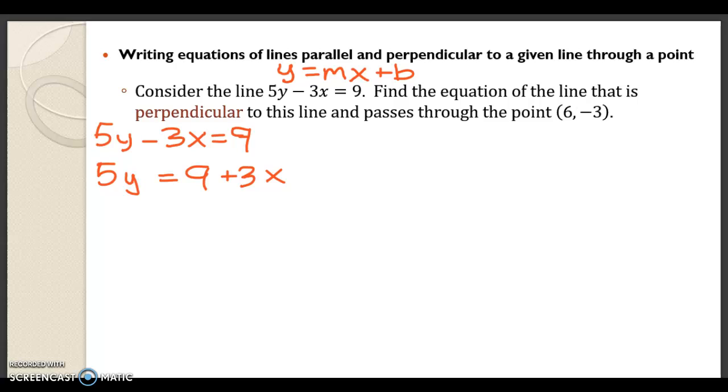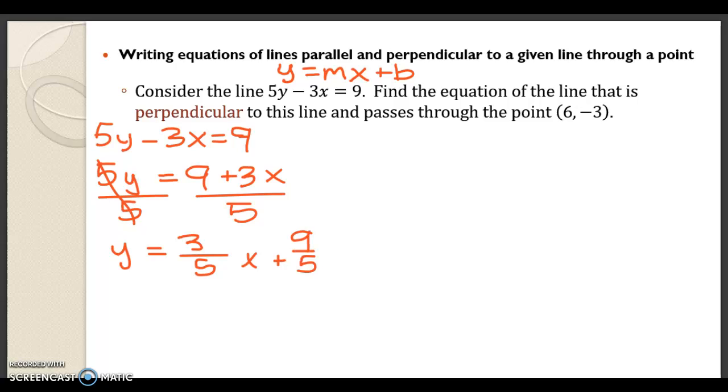And now I need to get y by itself, so I need to divide both sides by 5. That goes to a 1. y equals, now watch this very carefully, 3/5 x from here, plus 9/5. Now why did I do that?